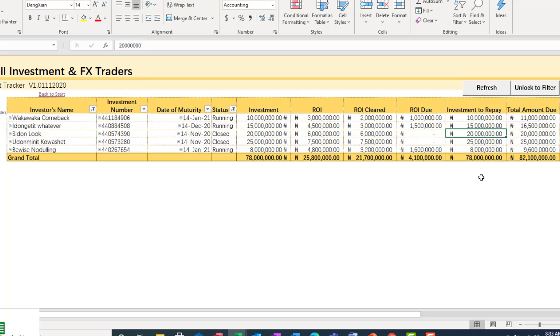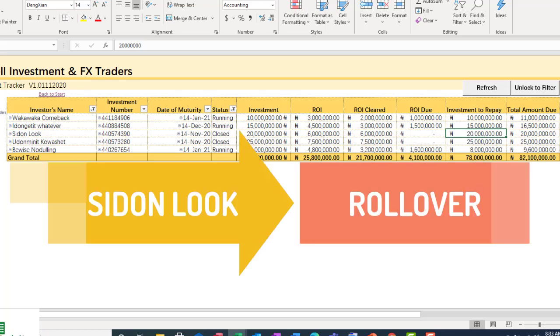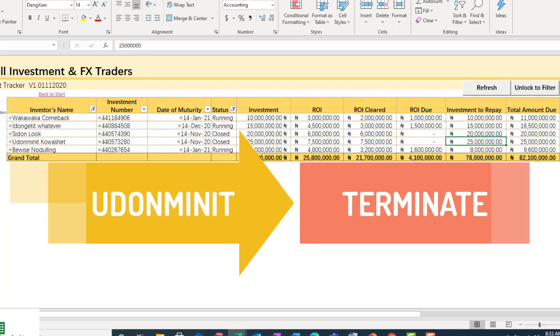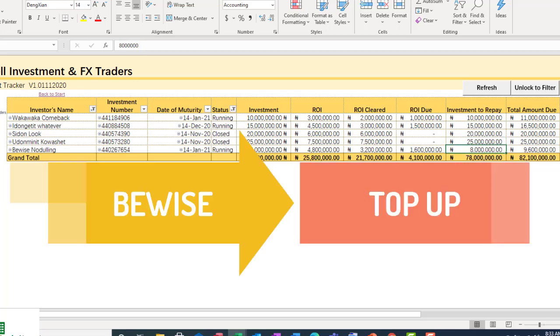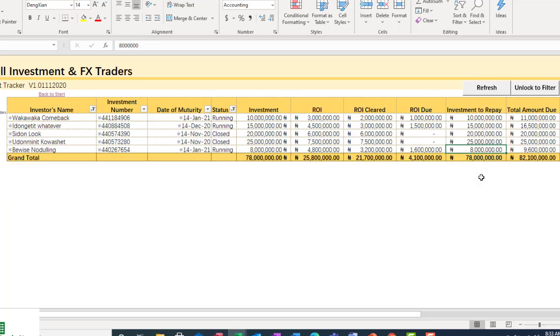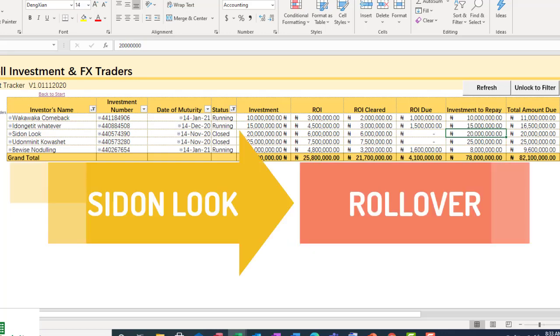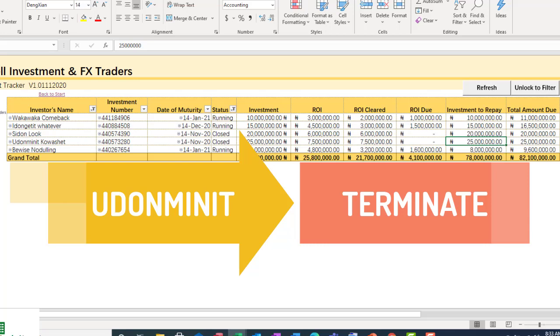So let's say Sidon Luke wants to reinvest as rollover, but You don't mean it wants to terminate. He wants his money back. And Be Wise wants to top up. So we have three scenarios here. The first, Sidon Luke wants to reinvest the amount as rollover, while You don't mean it wants to terminate and take the money back.